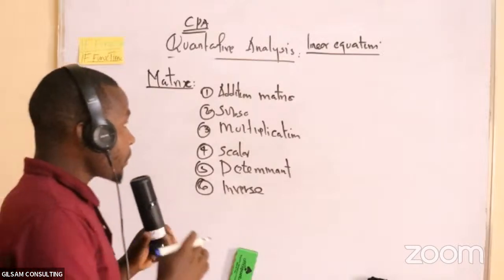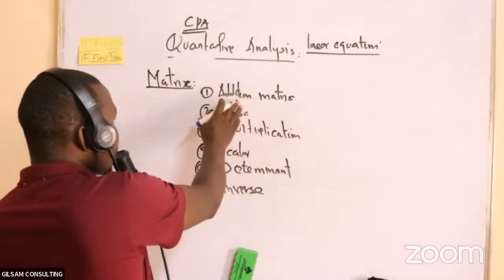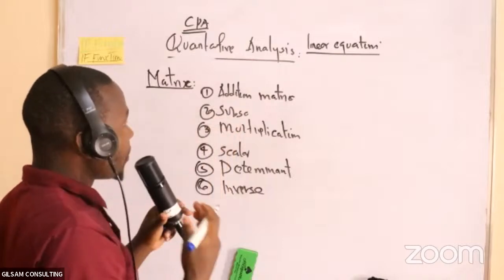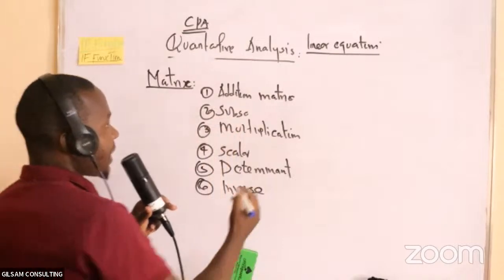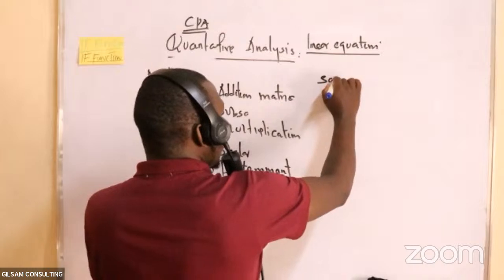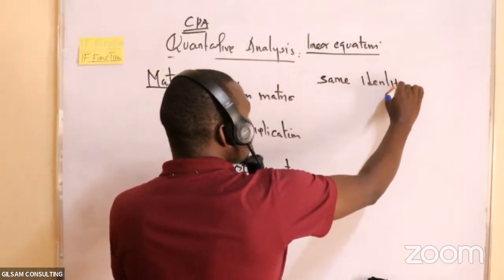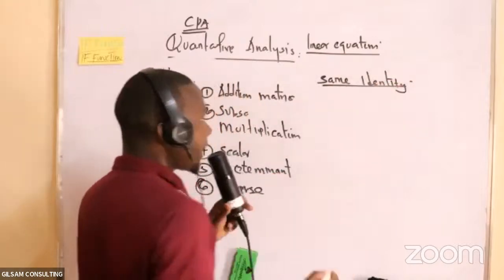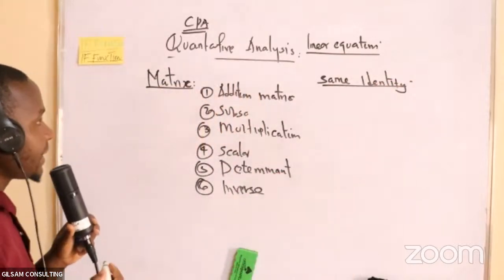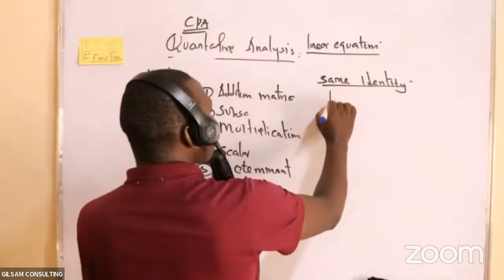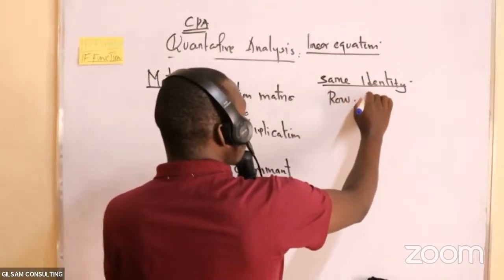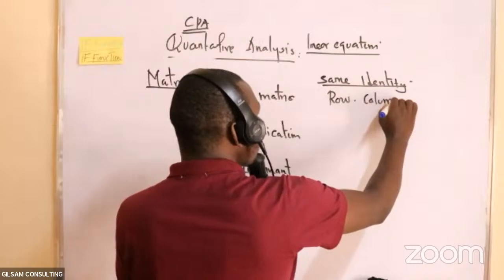For you to do addition and subtraction, you have to look at whether these matrices have the same identity. When we say the same identity, we mean row and column. Row and column should be compatible.